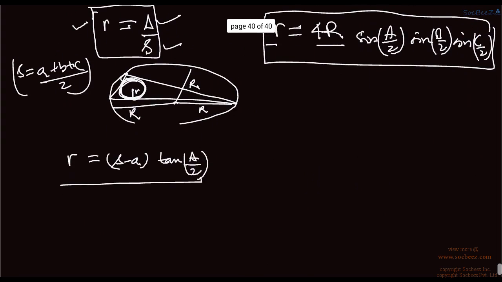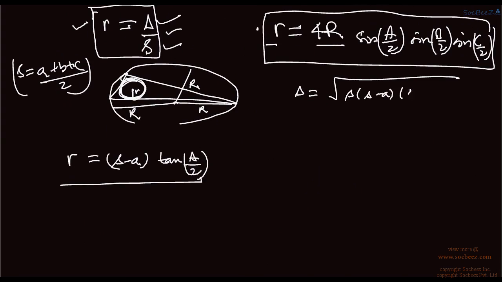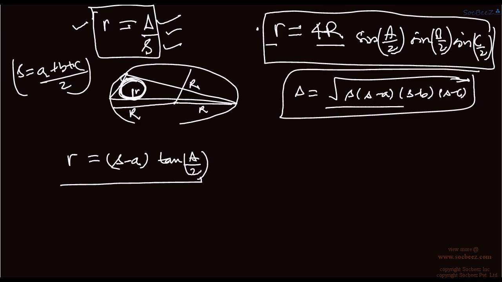And of course from this, delta upon s. Delta is root of s, s minus a, s minus b, s minus c. This s will come in the denominator. This will cut the s as root s, and you will have s minus a into tan A by 2 as r. This is r.